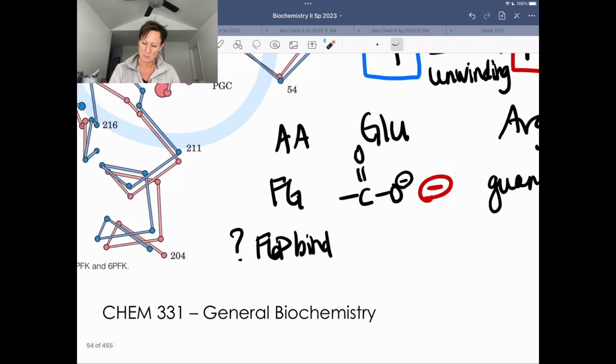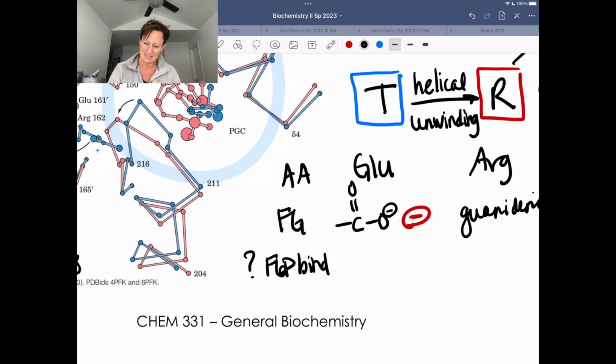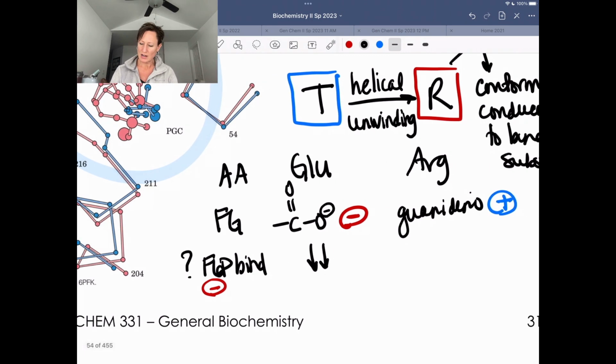So again, F6P itself is negatively charged. So when we think about whether or not we're being conducive to binding our substrate, when we've got glutamic acid there, nope, significantly decreased propensity to bind our substrate. When we've got that positively charged guanidino group, yep, much more interested in binding our substrate.